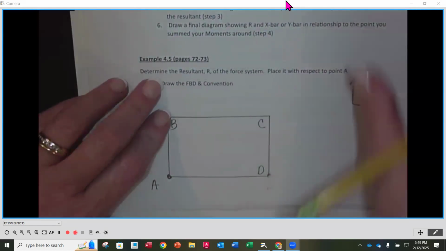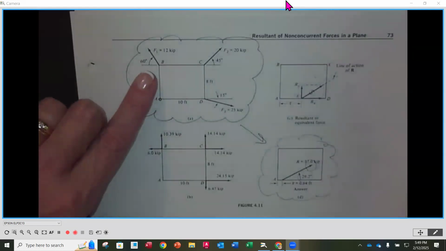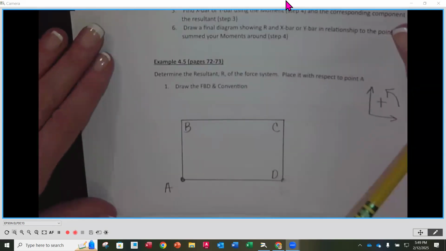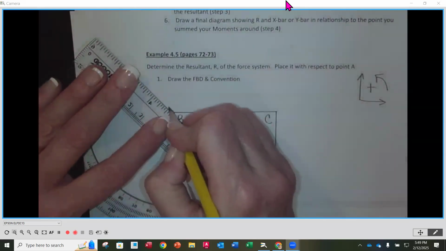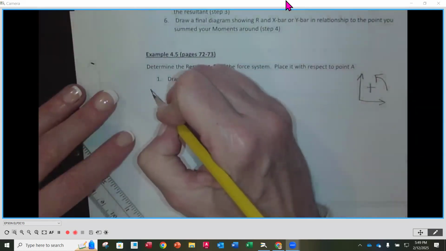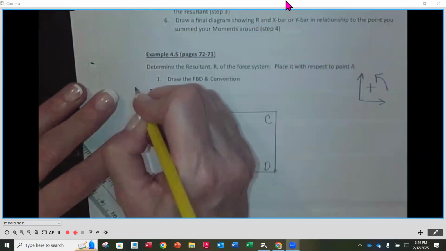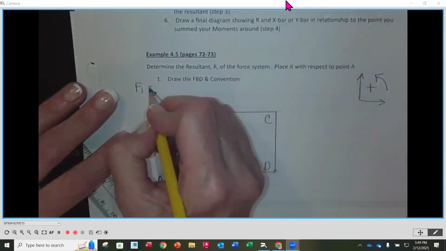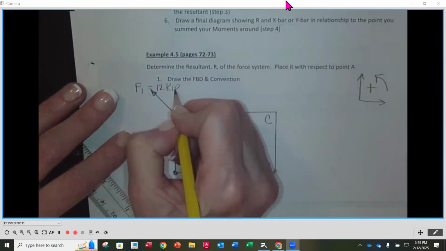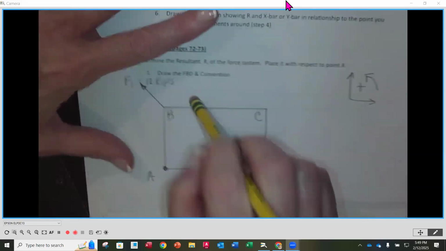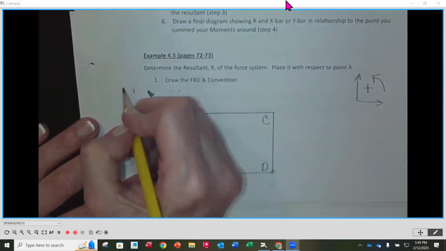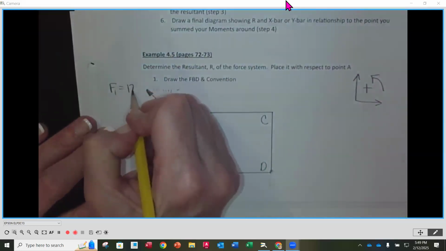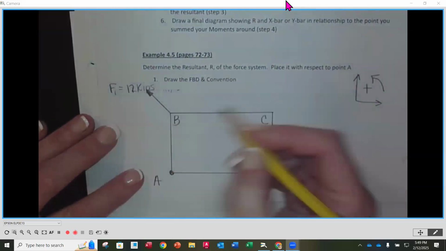Then at B, it looks like we have F1, which is 12 kips at a 60-degree angle from horizontal. I'm going to draw that going up and to the left. This is going to be F1 equals 12 kips, put on this side.